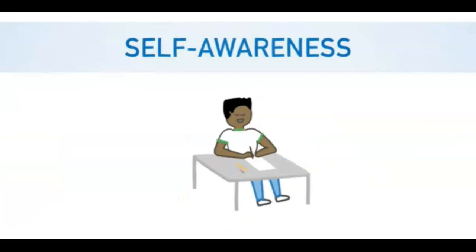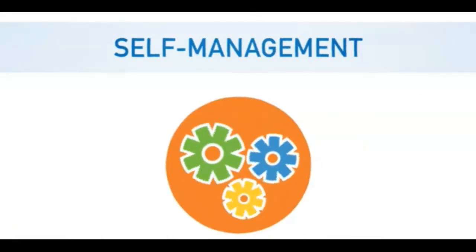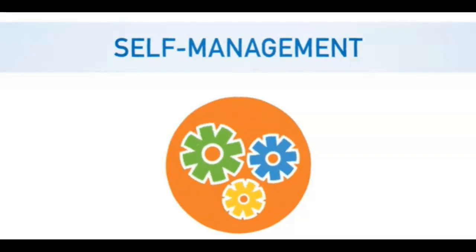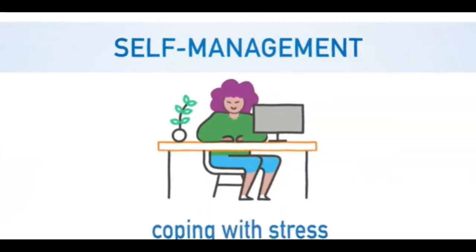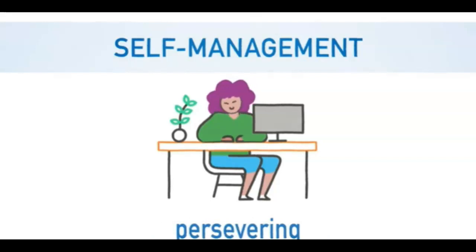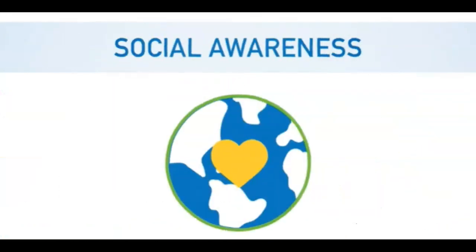It includes understanding our culture, our thoughts, feelings, and what we believe we're capable of, and understanding how these things can influence our behaviors and beliefs. Self-management is the ability to manage those emotions, thoughts, and actions in different situations so that we can achieve individual and collective goals. This includes coping with stress and anxiety, persevering through challenges, and taking action to create positive change.